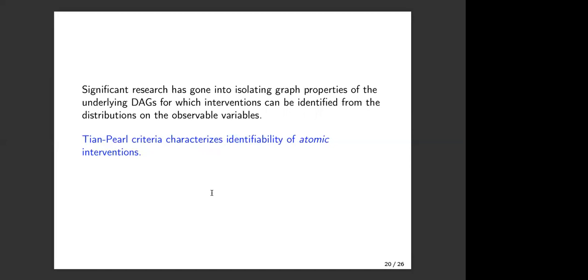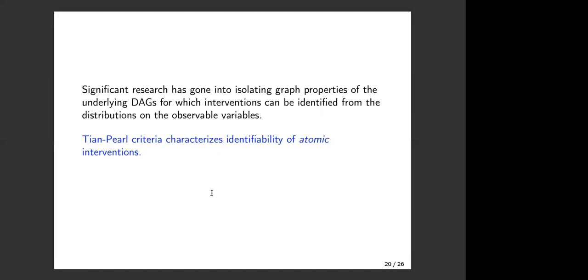What I'm going to talk about is this particular criteria, which I call the Tian-Pearl criteria, which completely characterizes identifiability of atomic interventions.